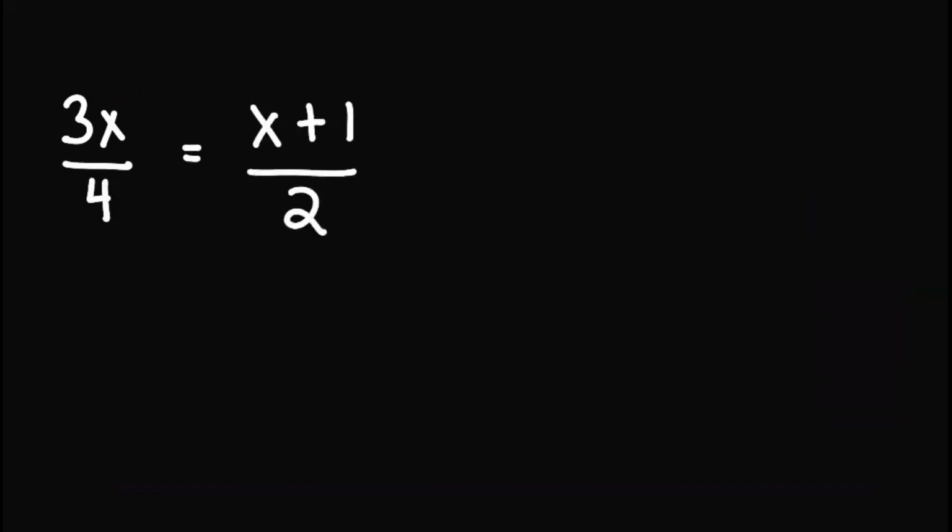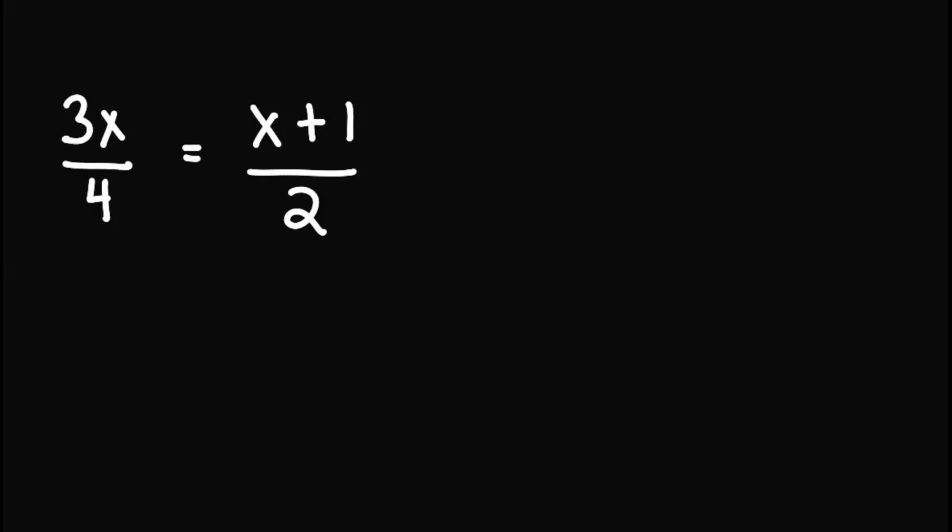Let's start with this basic example. Let's have 3x over 4 equals x plus 1 over 2. Similar to how we usually solve a rational equation like in the previous video or the previous method, what we first do is determine its domain.